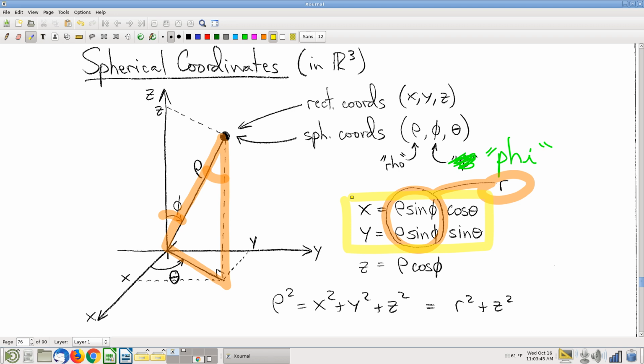And then having noticed that R is here, let me make this triangle a different color, and then I can color code better. So R is rho sine phi, and then you notice without too much trouble that Z is just another side of that same triangle, and so Z is rho cosine phi.